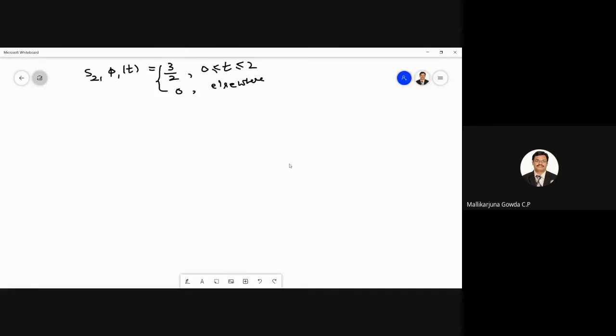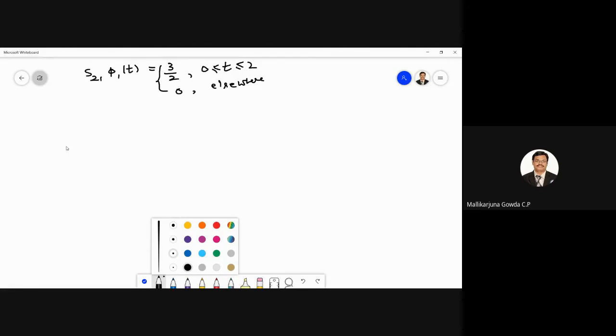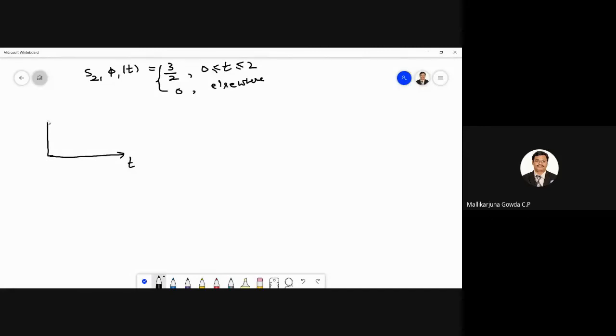To find out G2 of t, as I said, for subtraction we need to do it in this graphical way only, then the picture will be clear, right? So G2 of t, I said, is S2 of t minus S21 pi 1 of t. First let me write S2 of t. It exists for 0 to 2, right? With a magnitude of 3.